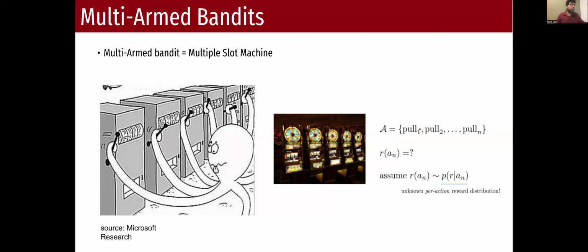You can pull 1, pull 2, and then you get some reward. The reward for an action is given by the probability of reward given the action. We don't know the reward distribution, but there is some probability. So there we have multiple slot machines.